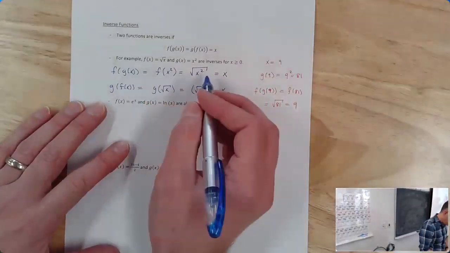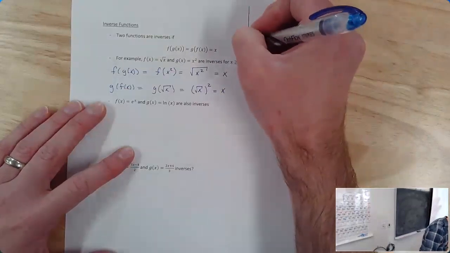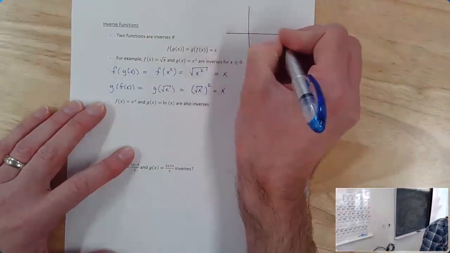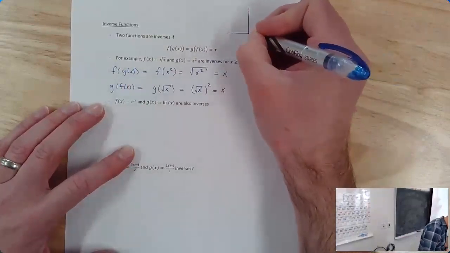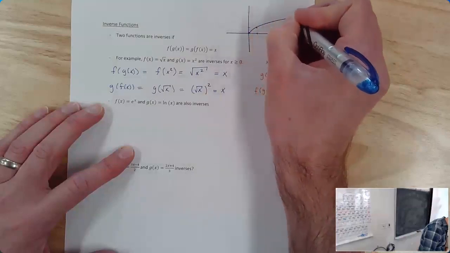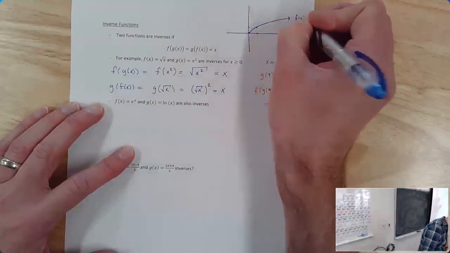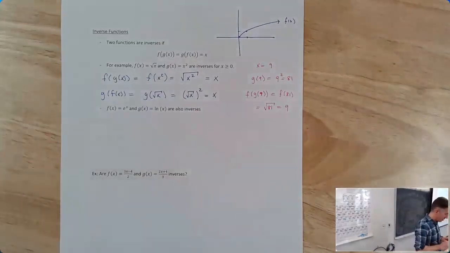So if we were to graph both of these, when x is positive, I'm just going to graph it up here because I've got some room. So let's say here's f of x, the square root of x. It looks kind of like this. And g of x, which is x squared, except x has to be greater than or equal to 0.